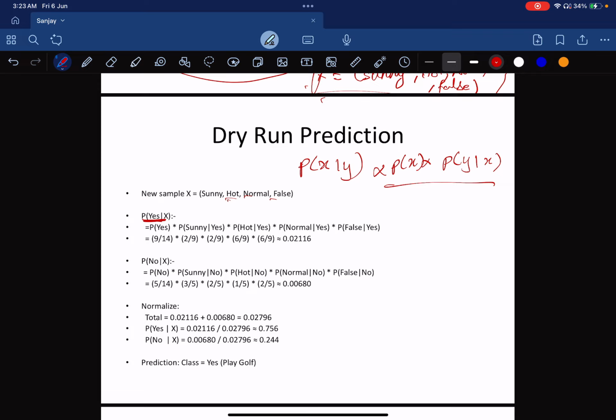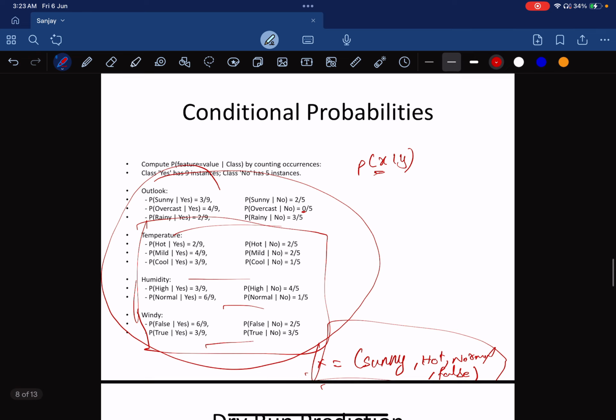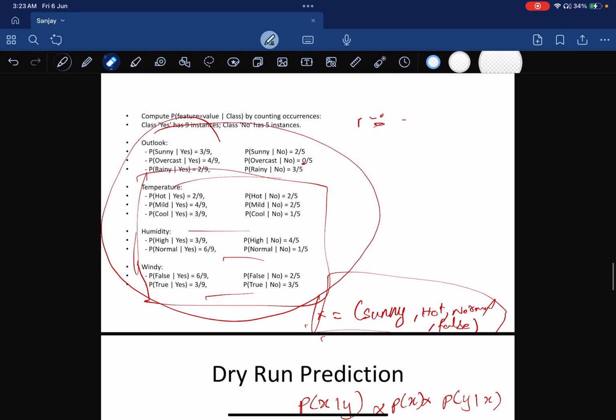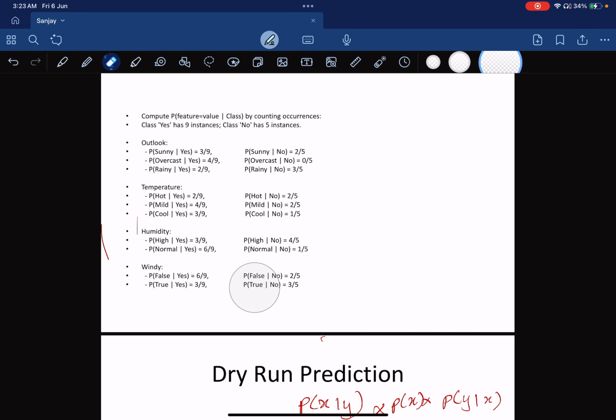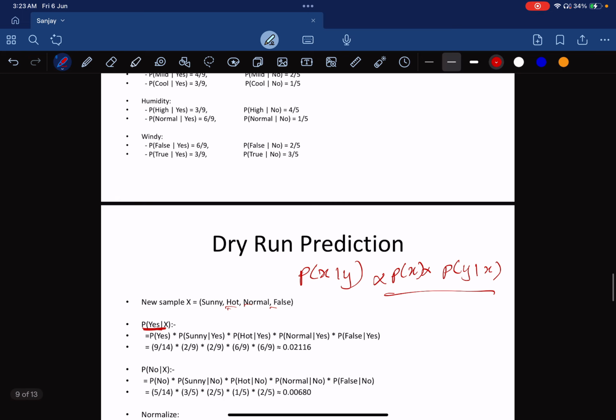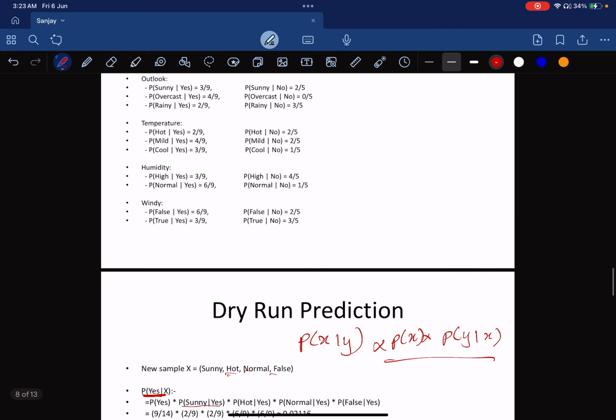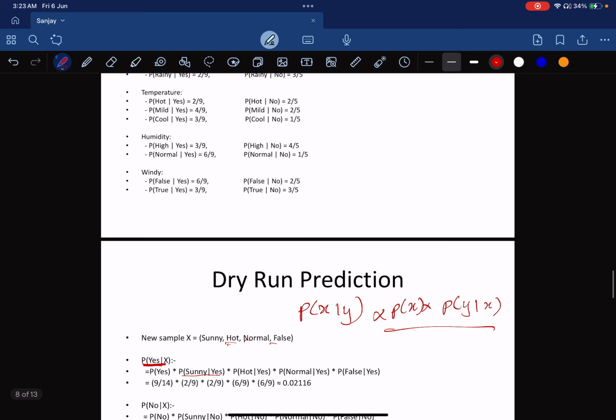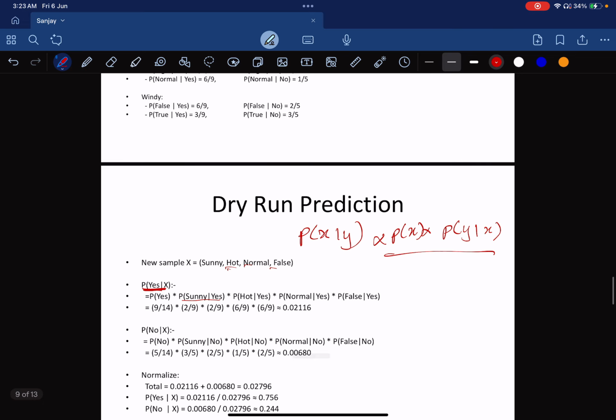We substitute into this formula. P of sunny given Yes is 3/9. Sorry, it looked like a mistake, it is 3 by 9.